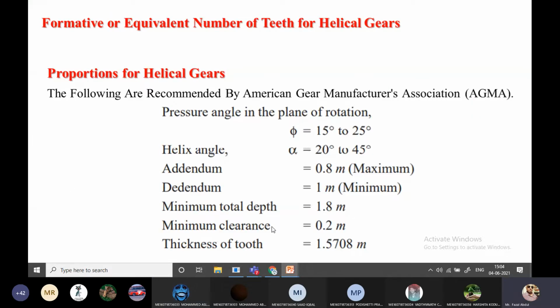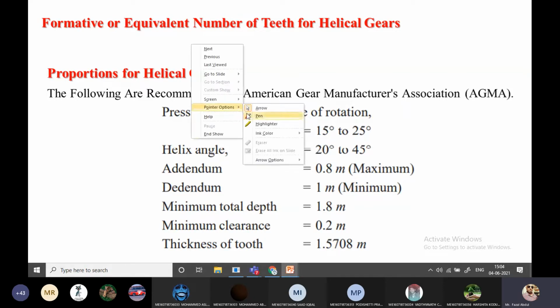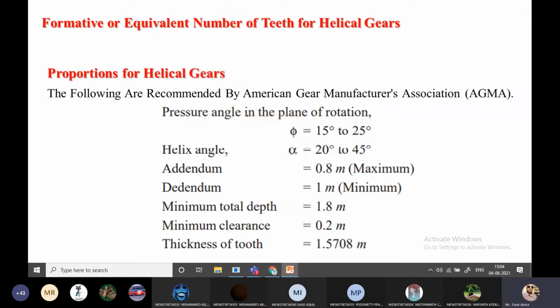Now, the equivalent number of teeth on the helical gear. This equation also we need to remember as an empirical relation. The equivalent number of teeth on the helical gear equals the actual number of teeth on the gear divided by cos cube alpha, not cos alpha cube.